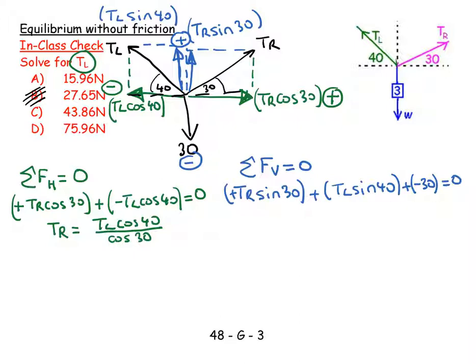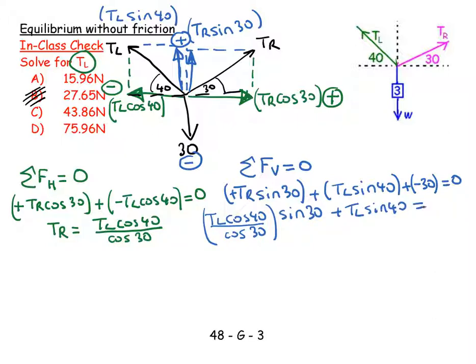Now, the problem with this equation, of course, is that we have t right still in it. So let's substitute in for t right. So we would say t left cosine 40 over cosine 30 times sine 30 plus t left sine 40.